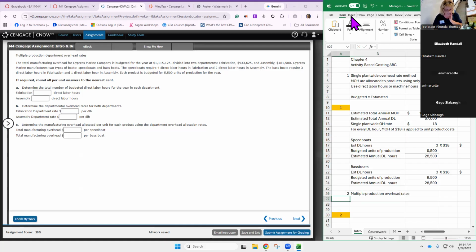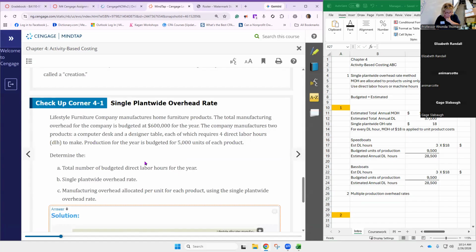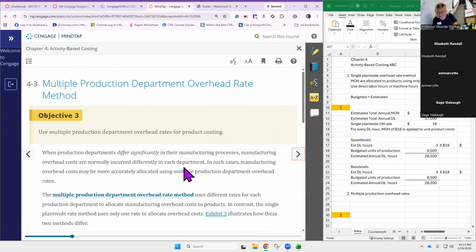Okay, so now let me go look at the definition real quick. Okay, let's look it up. This is the single one. Here comes the multiple one. Here's their definition: it uses different rates for each production department to allocate manufacturing overhead costs to products.